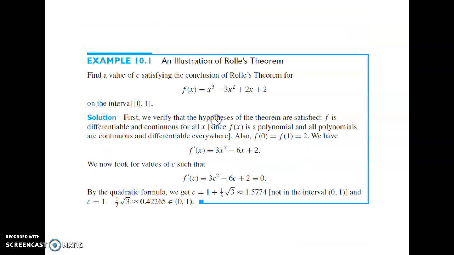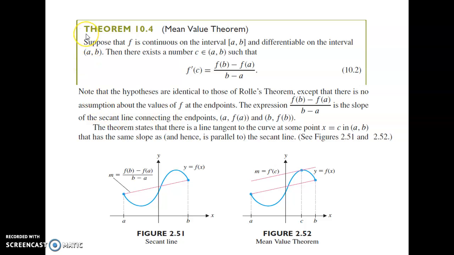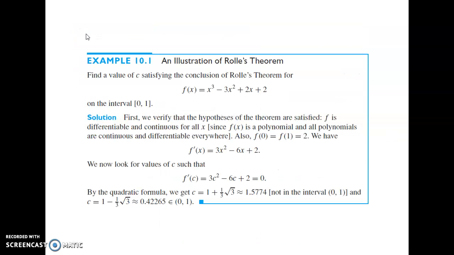So let's see an example for this. Find the value of c satisfying the conclusion of Rolle's theorem. I need to use Rolle's theorem to find the value of c for this function, where a and b values are given, which is a closed interval. So first, these are the a and b, that is the values of x.